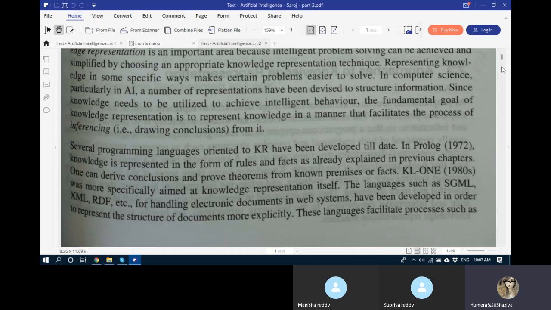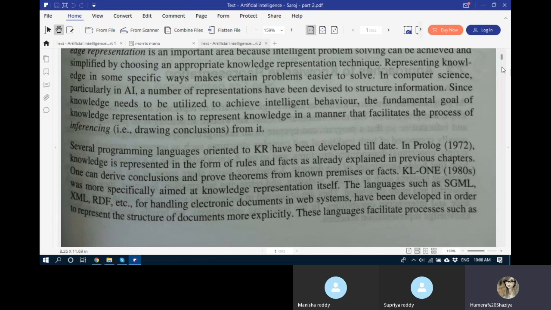Knowledge representation is an important area. Why is it important? Because intelligent problem solving can be achieved and simplified by choosing an appropriate knowledge representation technique.